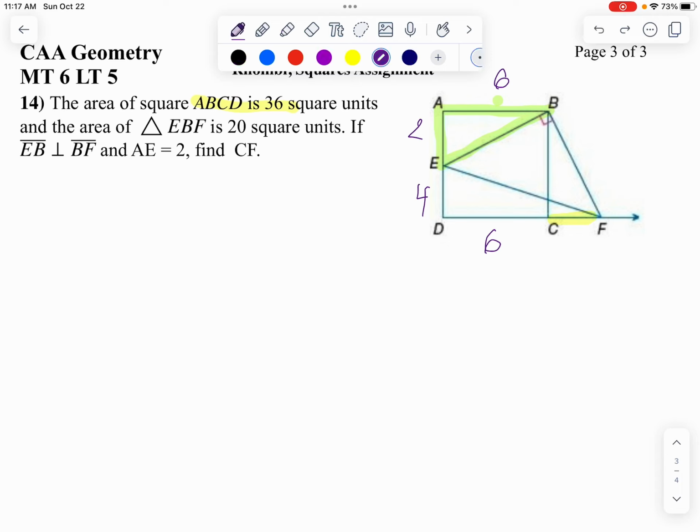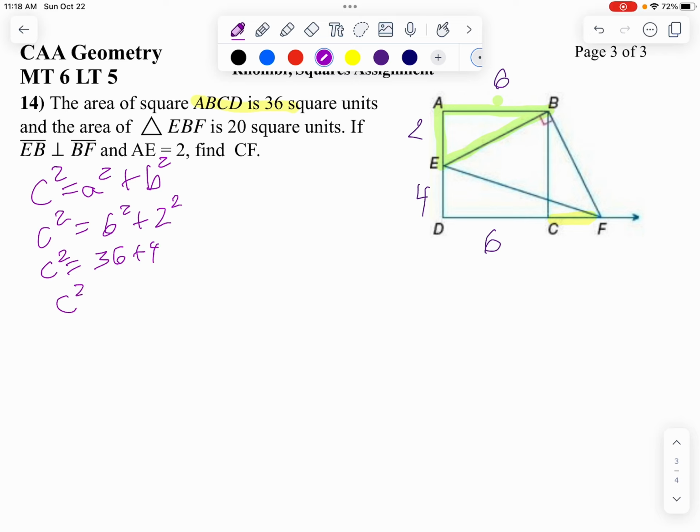C squared equals A squared plus B squared. I'm looking for the hypotenuse, so I'm looking for C. So equals 6 squared plus 2 squared. So C squared is going to be 36 plus 4. C squared is going to be 40.